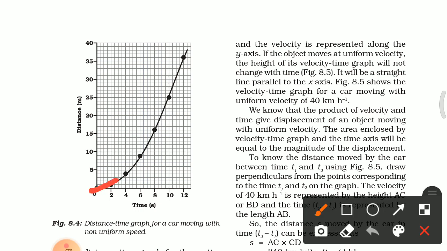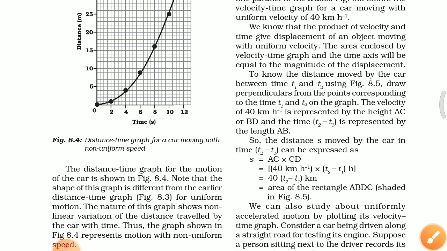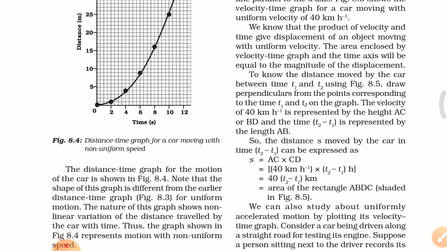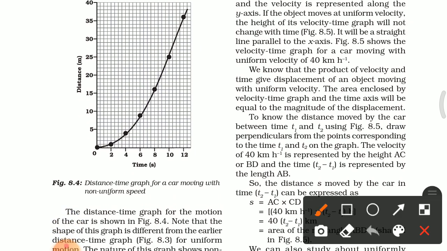For non-uniform speed we get a graph in this shape. In the same way, we can calculate the value of v using the formula s2 minus s1 divided by t2 minus t1.